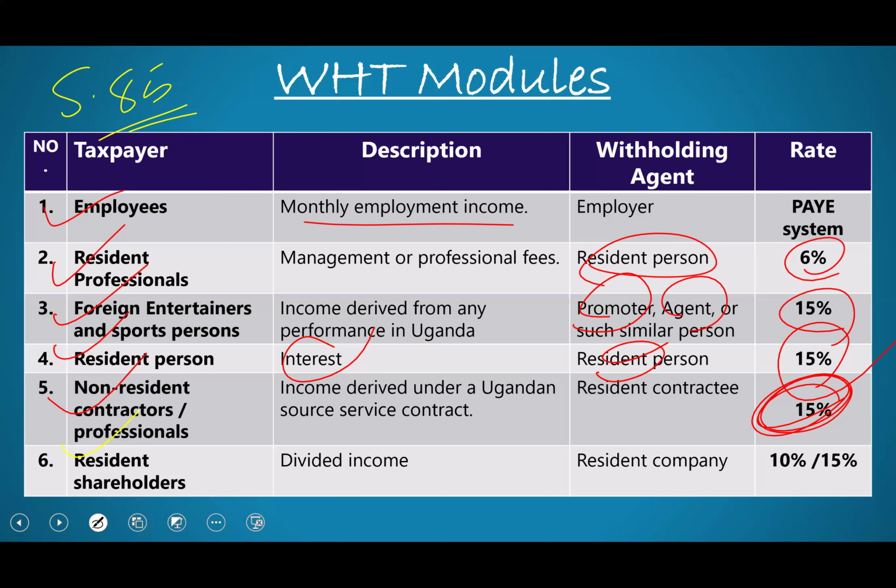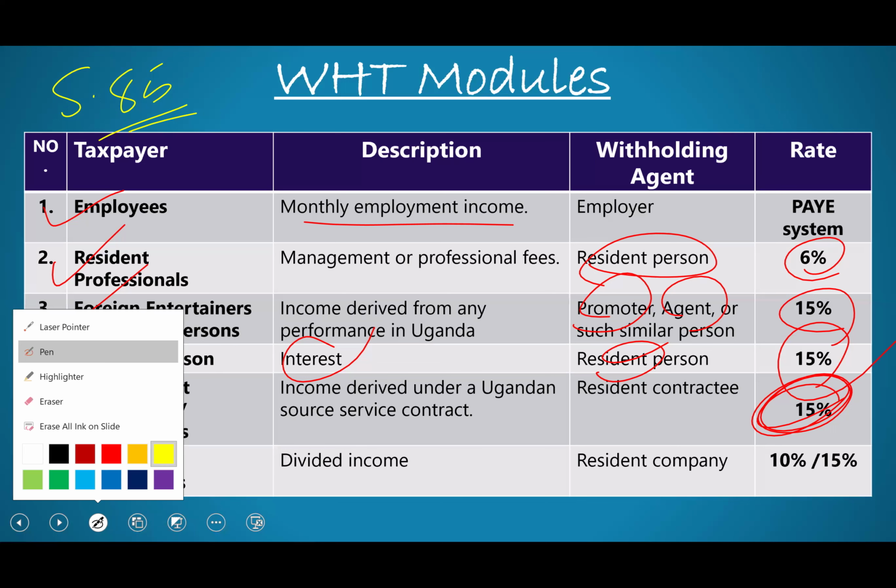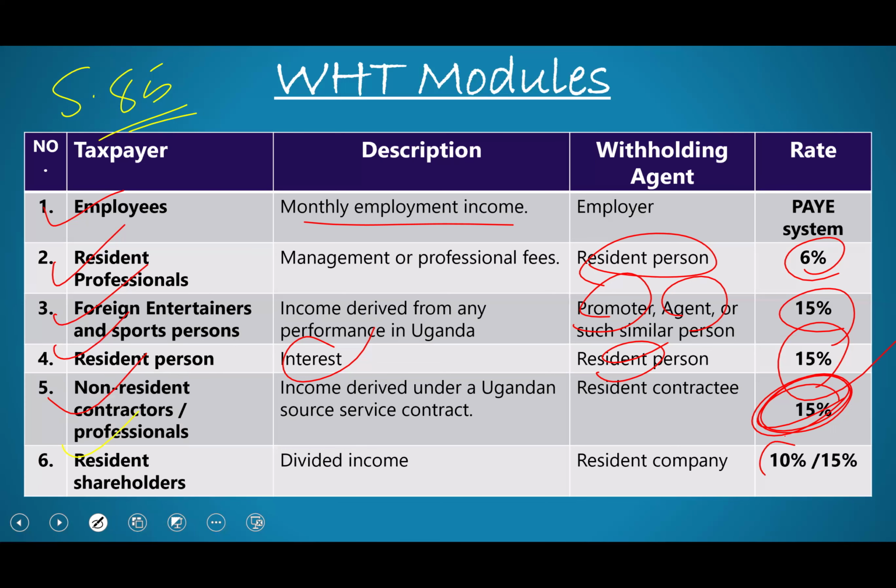The rate is between 10 and 15. So if your company has shareholders and you've been paying them, there's a company I was auditing and they told me that they didn't know. They pay their shareholders. It's a private company.